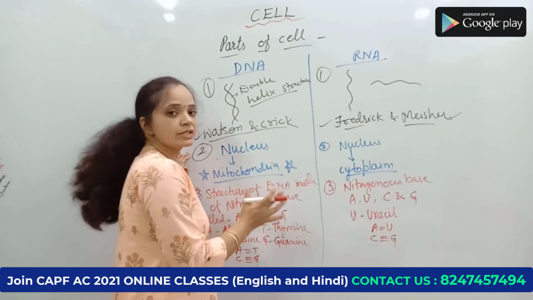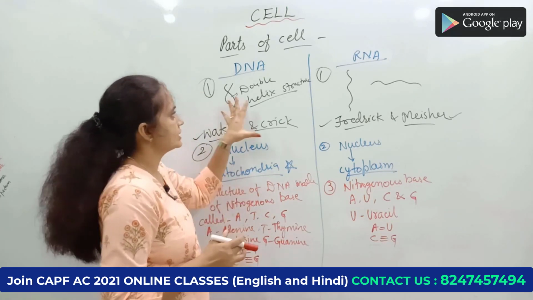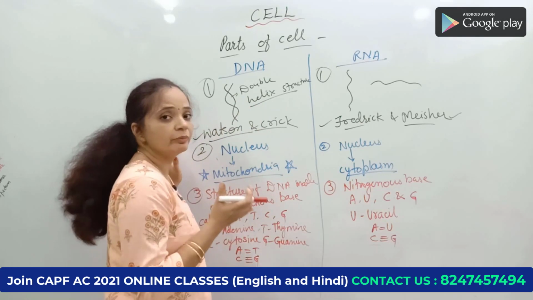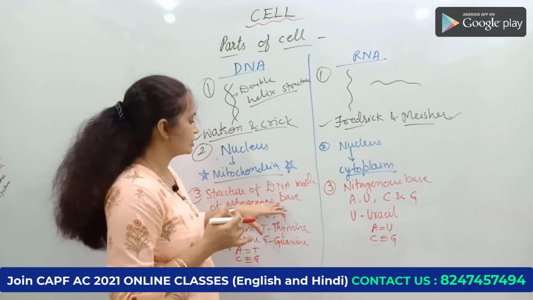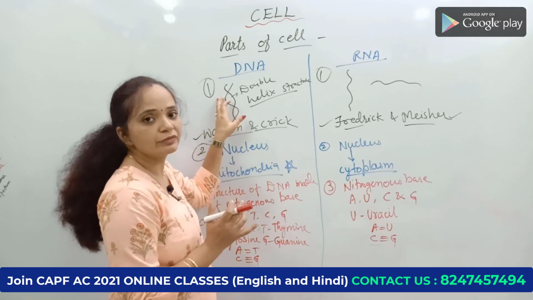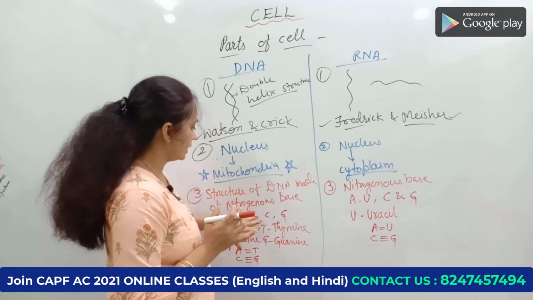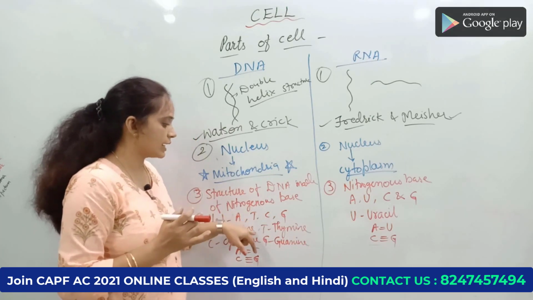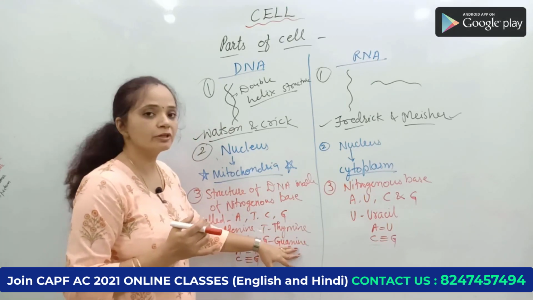The next difference is what the structure of DNA is made up of. As I told you, it's a double helix structure, but with what material is it made? It's made of nitrogenous base molecules. The different nitrogenous bases are A, T, C, G: A stands for adenine, T for thymine, C for cytosine, and G for guanine.